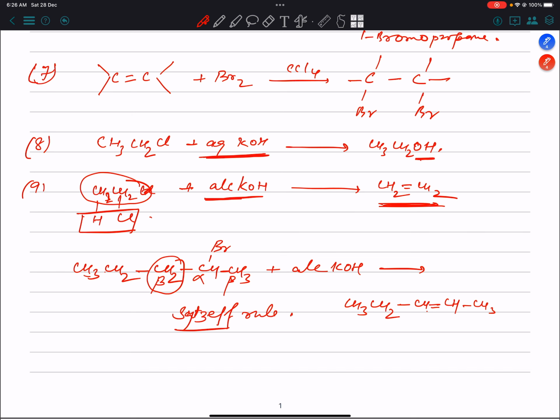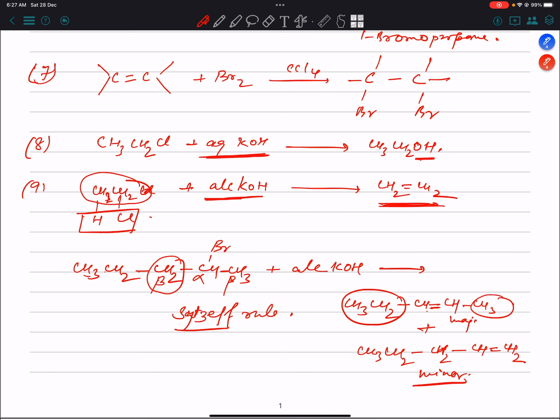This is one of the products, with two substituents across the double bond, and another one is this one. This is the minor and this is the major product according to Saytzeff rule.